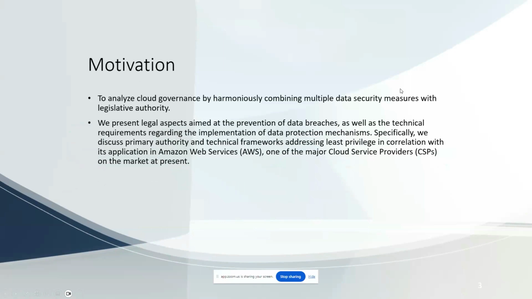So, regarding the motivation for our work, we aim to analyze cloud governance by combining multiple data security measures with legislative authority. Here we present legal aspects such as the Federal Risk and Authorization Management Program, FedRAMP, aimed at the prevention of data breaches, as well as the technical requirements regarding the implementation of data protection mechanisms.